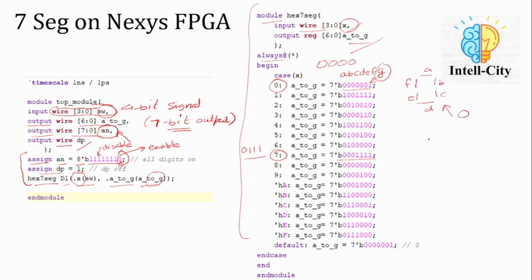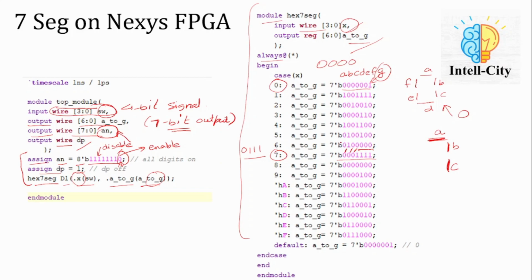Let's decode this one. It says that A is on, B is on, and C is on. So you can see this is A, this is B, and this is C. All other LEDs will be off. So this is how the number 7 is represented in the 7 segment.